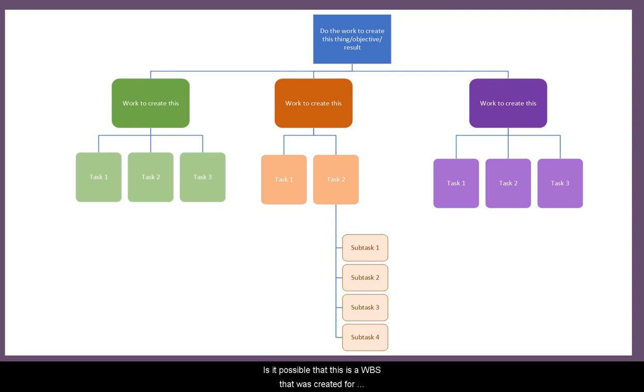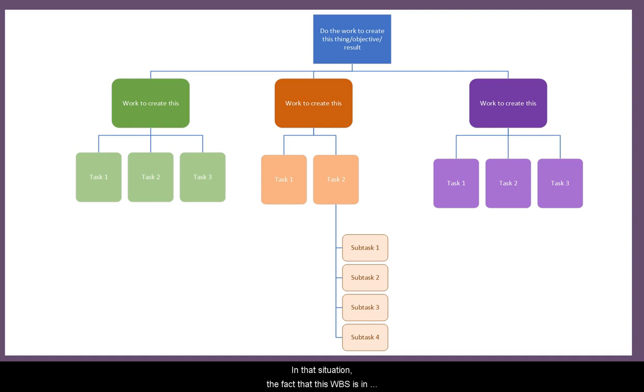It's possible that this is a WBS that was created for some work that's going to be contracted to a particular subcontractor, and it's only those subtasks 1, 2, 3, 4 that are going to be included in the contract. And it's not appropriate for that subcontractor to have a detailed awareness of the other work that may be performed by other organizations.